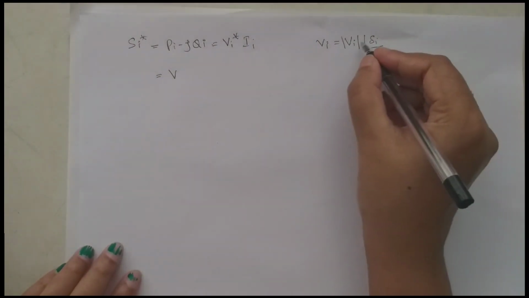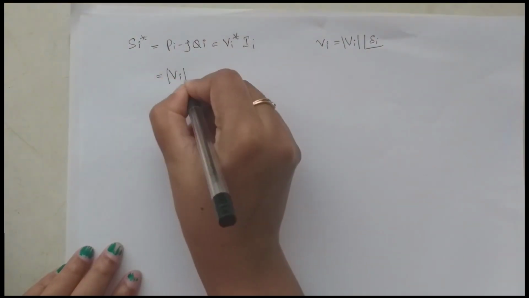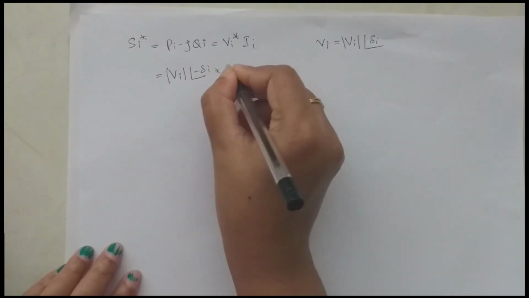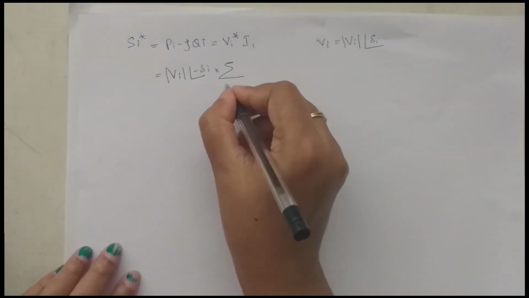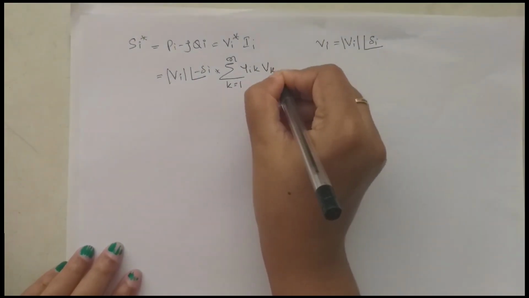So Vi conjugate is Vi at an angle minus delta i, multiplied by Ii, which is the summation where k varies from 1 to n of Yik Vk.